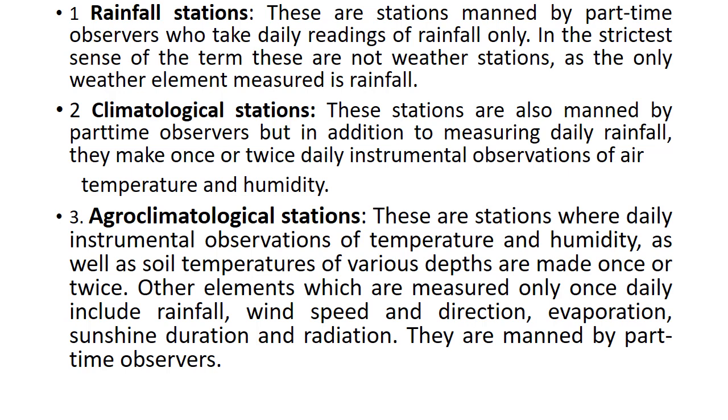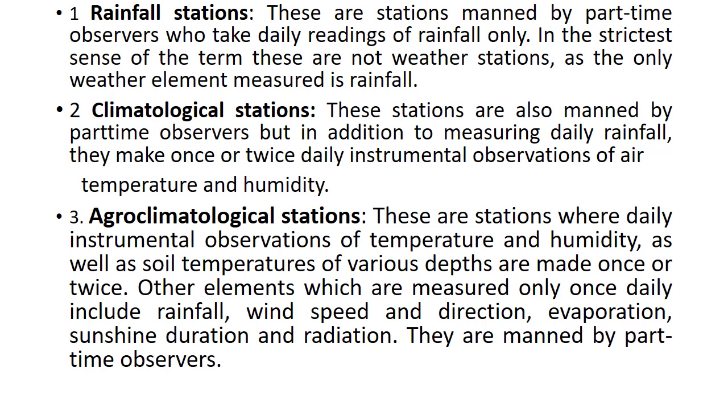Number 2, climatological stations. These are stations that are manned by part-time observers also, but in addition to measuring daily rainfall, they make once or twice daily instrumental observation of air temperature and humidity.